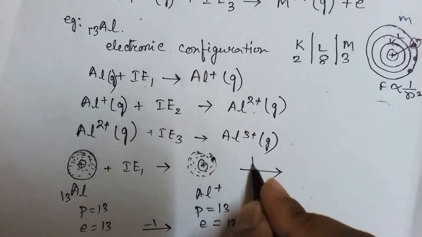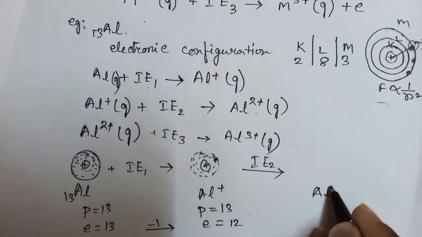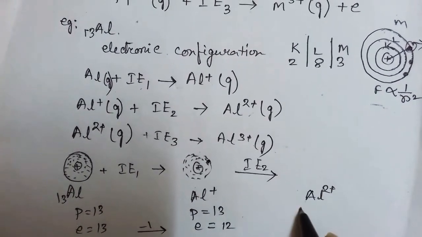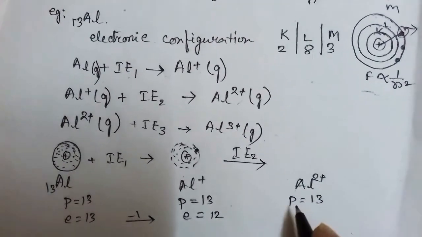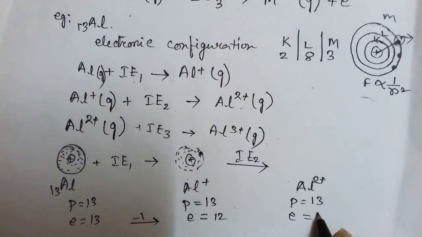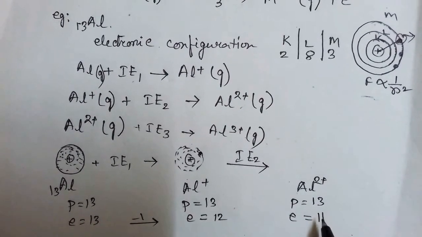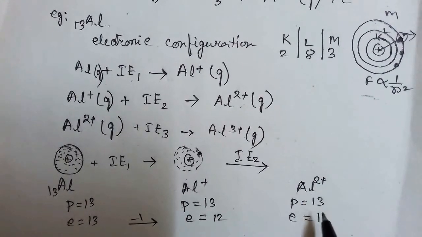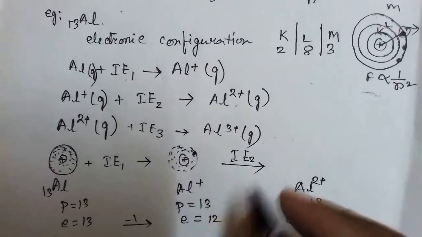So if we give IE2, Al will be Al2 plus, and the proton number will remain the same, 13, but the electron number will be 11. So 13 protons are pulling 11 electrons. So here the per electron pull will be greater than the previous one.